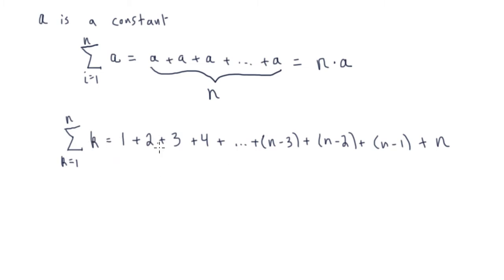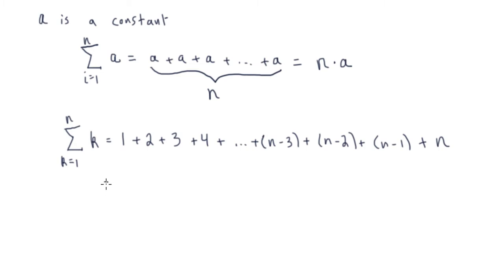You just increase by 1 every time until you get all the way to n. Now the trick here is to apply the associative property and the commutative property of addition. I'm adding up this finite collection of numbers, and the associative property basically says I can add them up in any order I want.